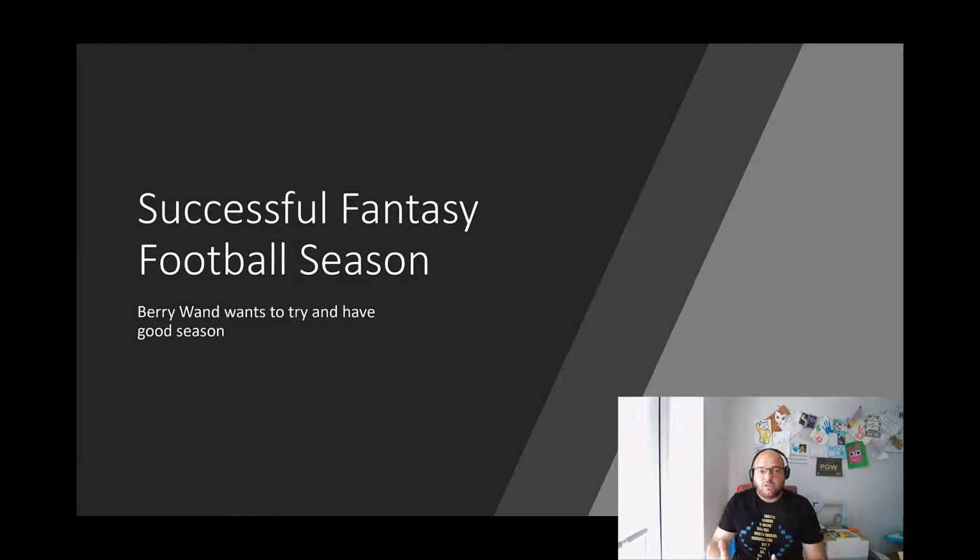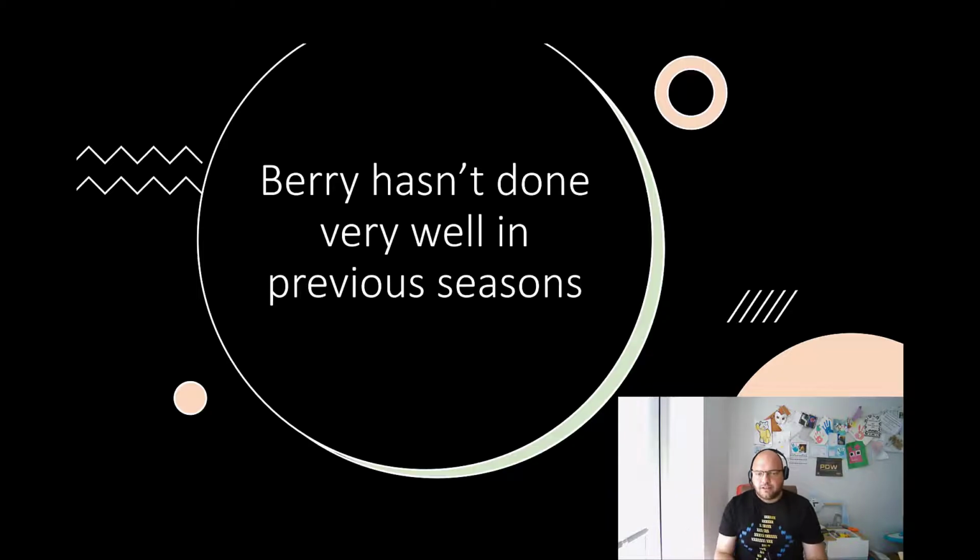And she wants to try and make use of data to better improve her team and allow her to make better fantasy football decisions. Having not got close to winning in previous seasons, perhaps because of unintended biases, like when she makes decisions, she might not pick an Everton player because she's a Liverpool fan and she doesn't particularly like Everton, or perhaps she doesn't pick a Man United player because of those sort of biases because of her favourite teams.